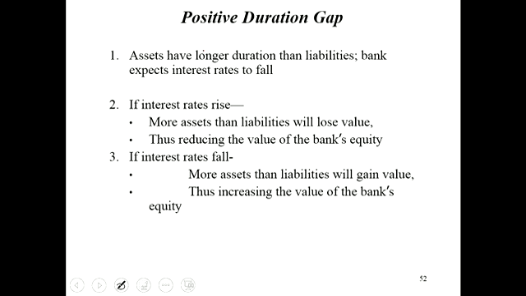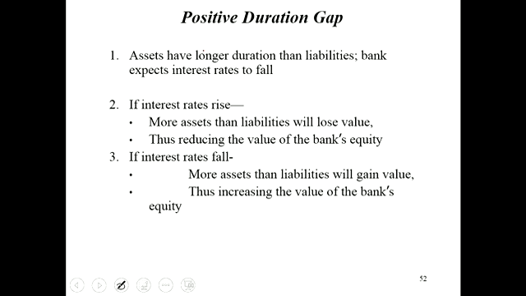Now, let's think about how this makes a difference. So let me start drawing a picture here of this. So let's think of the normal situation that the bank finds itself in. So here's the interest rates, here's the value up here, and because the assets are long-term, so the value of the assets is sensitive to the interest rate.